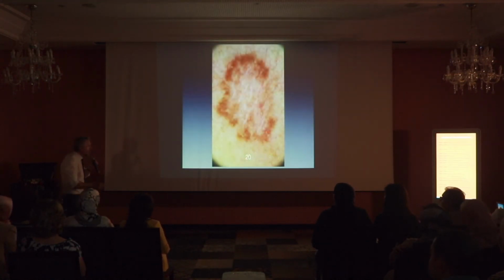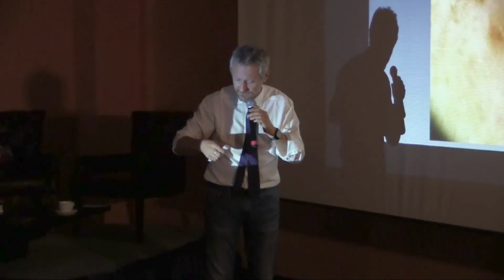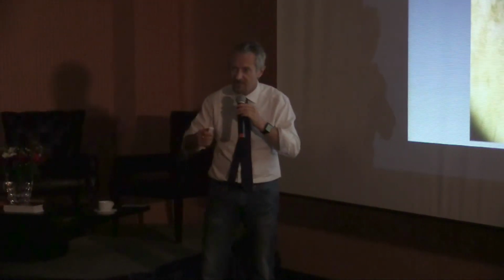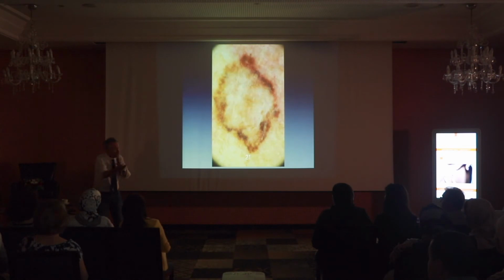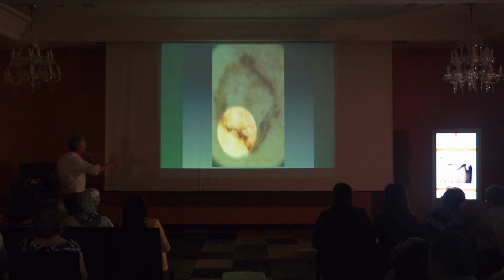But our job was facilitated by the fact that on the same day we found the second lesion here, number 21, which is, okay, could be dermatofibroma, but still quite large, looking again quite the same.